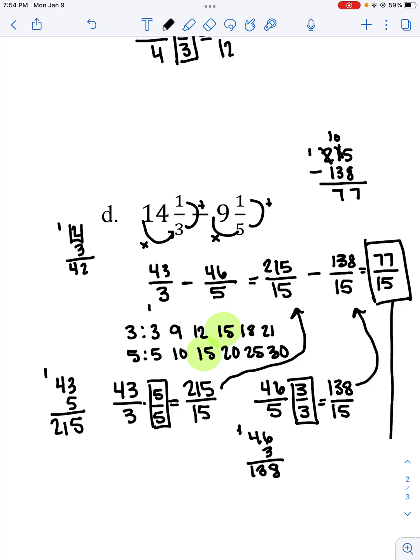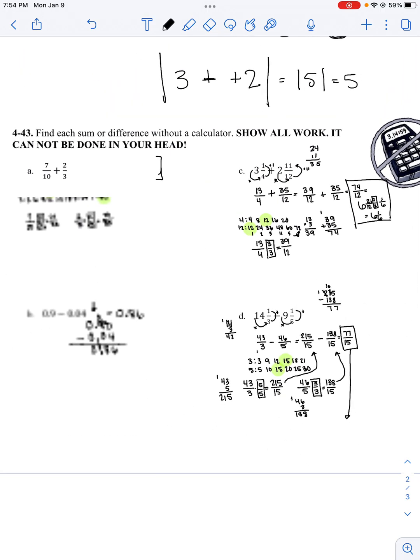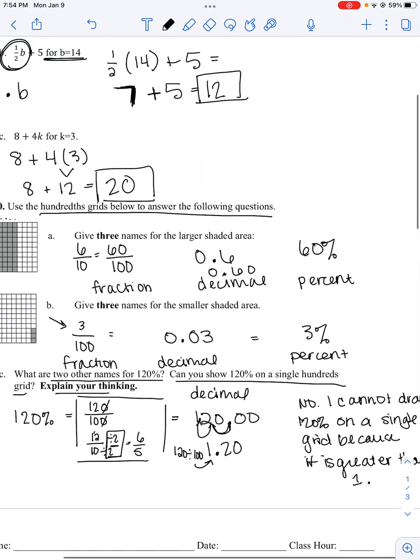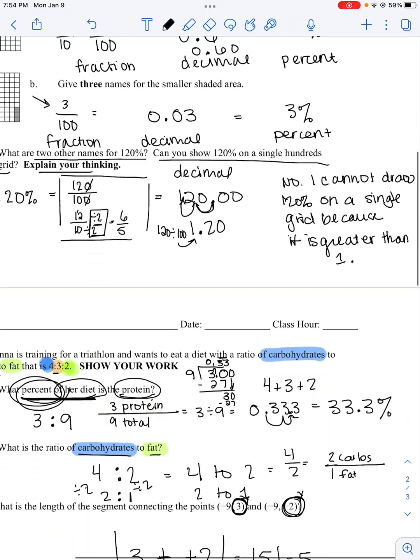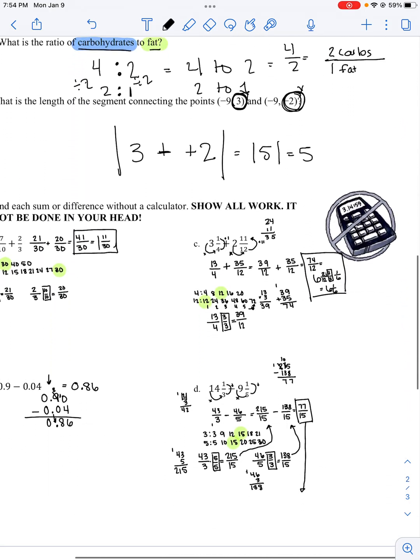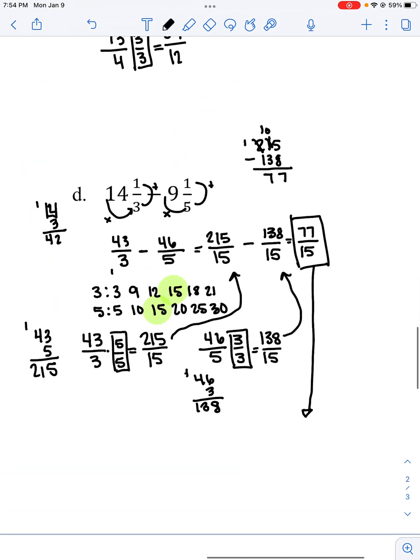It equals 77/15. I could change it to a mixed fraction. I'm going to count by 15s until I get too high.